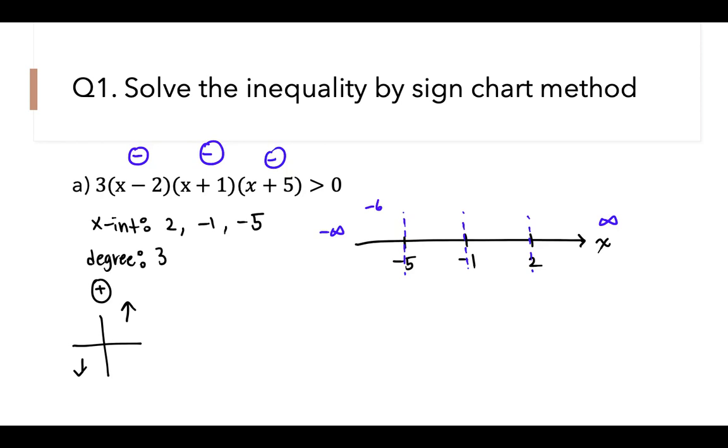Negative times negative times negative is still negative. Therefore, the sign from negative infinity to -5 is going to be negative.